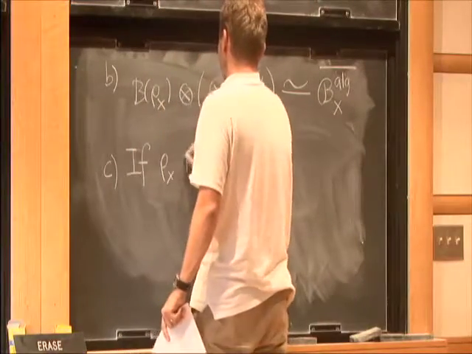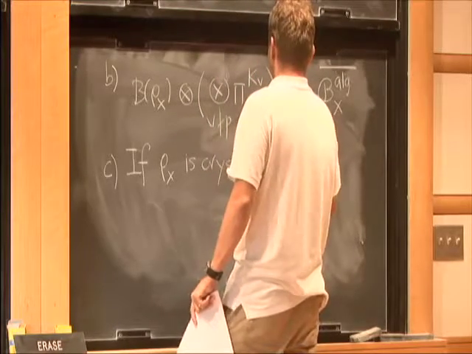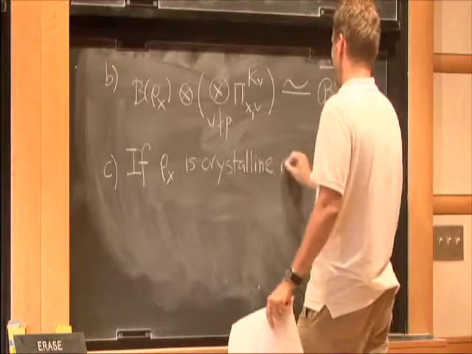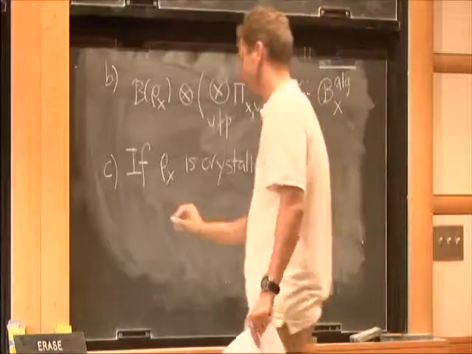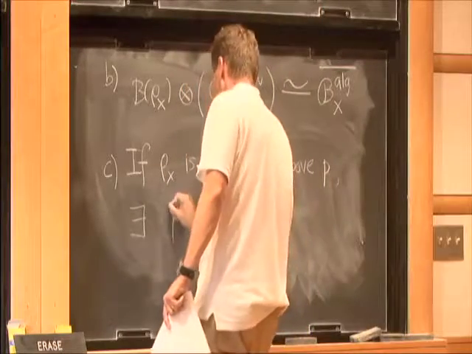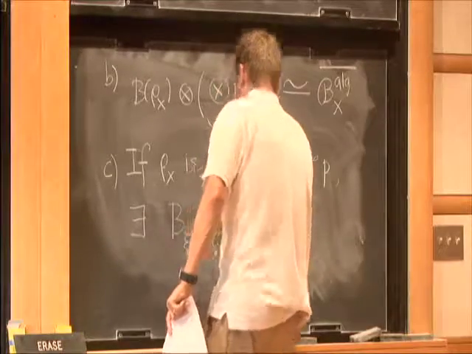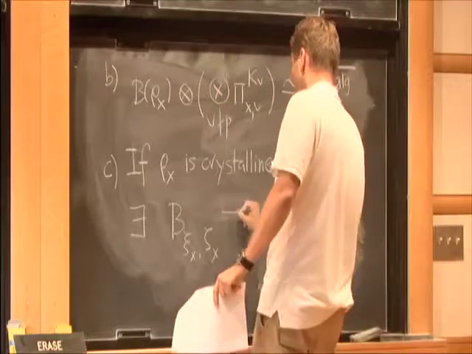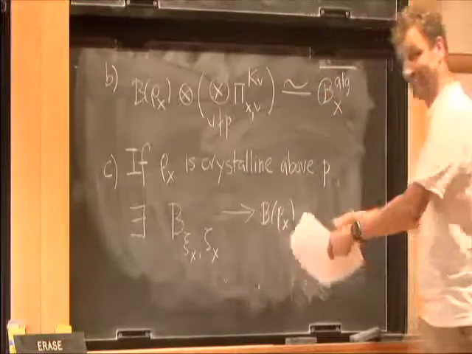So if rho x is crystalline at p, there's this equivariant map, I'm just going to write it down, from B psi x theta x into B of rho x with dense image.